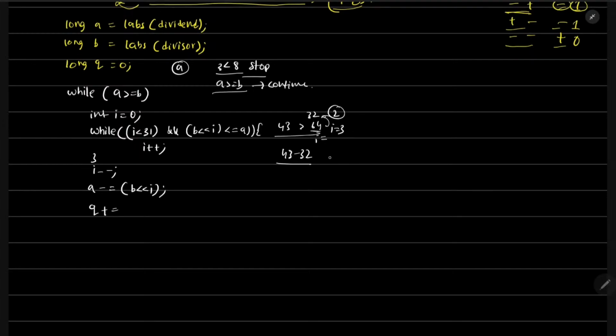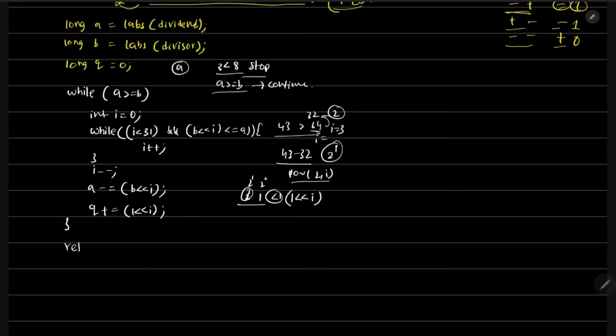The q value, this is 2 power i, we have to add 2 power i, right? 2 power i, how do we do it? We can use power of 2 comma i. Yes, we can do it like this, 1 left shift by i, right? This is the 2 power i, 1 left shift by i, like this, 2 power 0, 2 power 1. So 1 will be here first time, left shift by 1, it will go to 2 power 1, right? That's how it works. And then close the while loop.